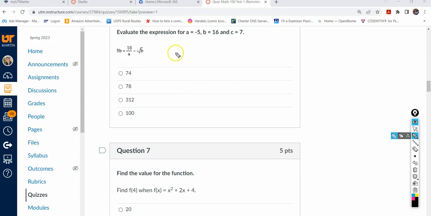So I'm going to have 5 times b, and b is 16, then plus 10 over a, and a is -5, minus the square root of b. And even though it says c is equal to 7, I don't see a c anywhere in here, so I didn't use it.